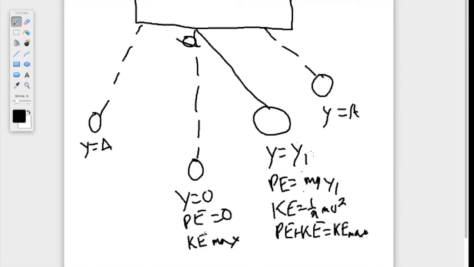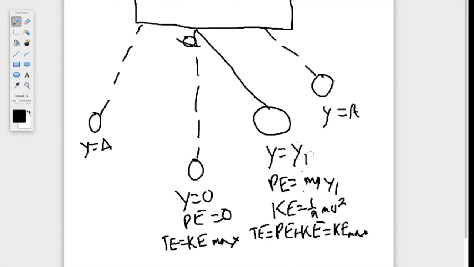The amount of energy it's given right here has to equal the sum of these two energies, because KE max plus the potential energy, which is 0, is just KE max, which is the total energy.